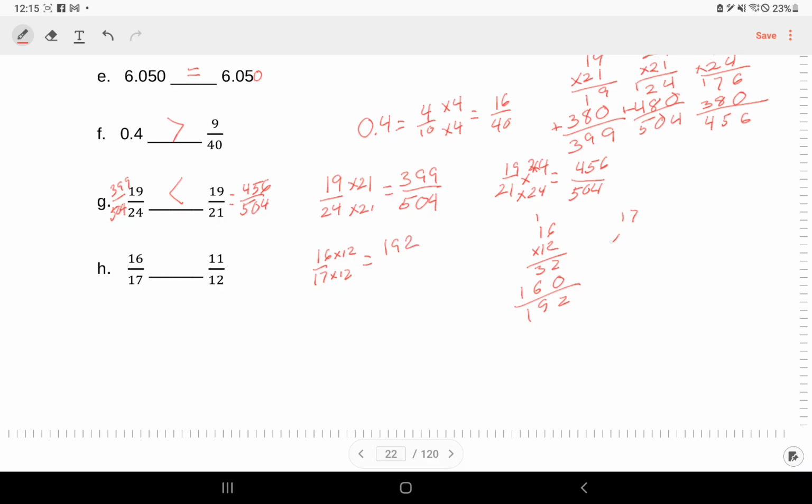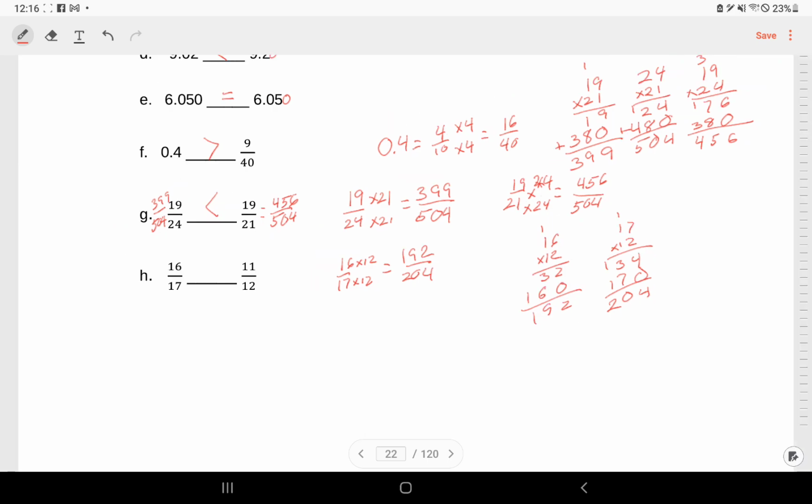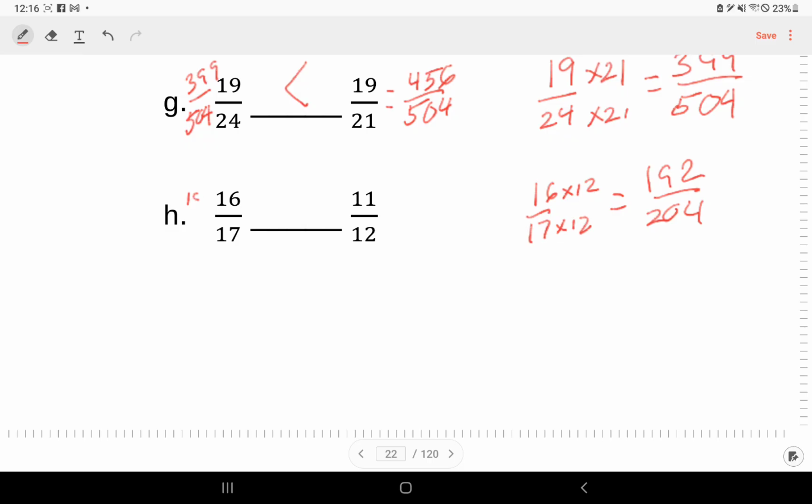So 17 times 12. 2 times 7 is 14. Carry 1. And 2 and 1 is 3. Placeholder. 1 times 17 is 17. Add. 0 and 4 is 4. 3 and 7 is 10. Carry 1. 1 and 1 is 2. So over 204. So this is 192 over 204. Now I know this is going to be over 204.